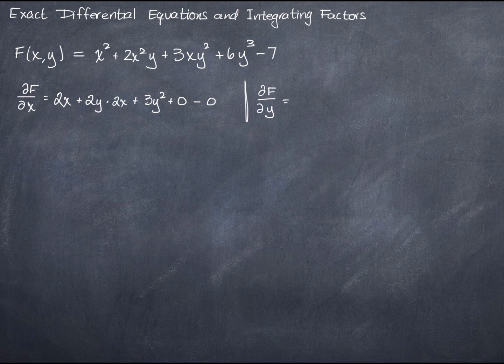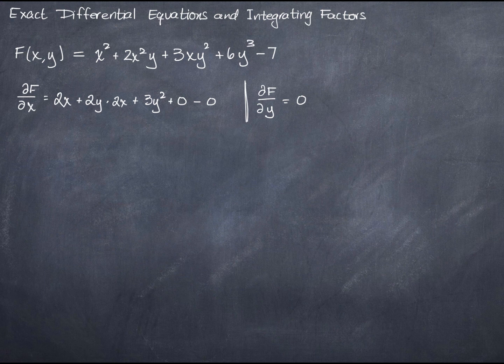The partial derivative of this same function with respect to y means we're going to hold x constant. The derivative of a constant is 0, so for my very first term the partial derivative with respect to y is 0. For the next term, I'm doing the partial with respect to y, so I'm holding x constant. x constant means x squared is a constant, and 2x squared is a constant.